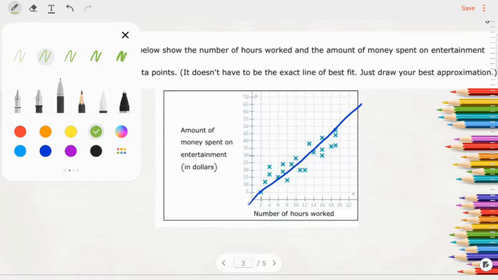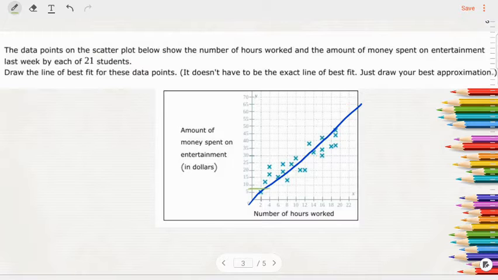Sometimes I really want to follow this trend, and my line to me doesn't look so steep, so I would make a line that looks like this. Okay. So again, it doesn't need to go through the origin, but it should follow the general trend and have roughly the same number of points above and below.